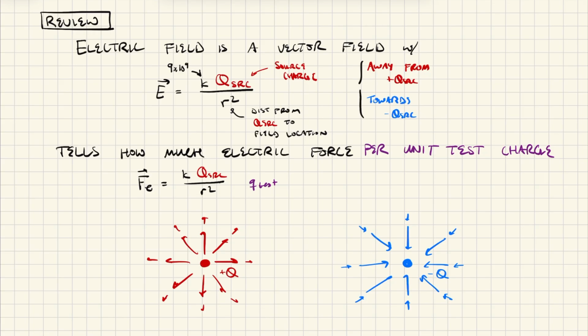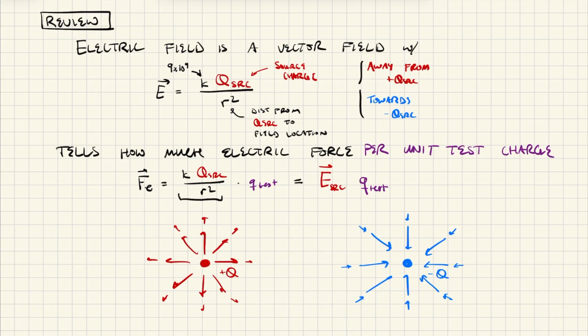As far as the physical meaning of the electric field goes, we can inspect the definition of Coulomb's law and figure out what the electric field actually means. Taking a look at Coulomb's law here, the electric force between 2 point charges is K Q1 Q2 over R squared, but we can factor out Q2 so that it's just multiplying this first term here. And we recognize that this left-hand side term is the electric field, right? So we can write a more compressed version of Coulomb's law by thinking about the electric field sourced by one of the charges multiplied by the test charge, which is the other charge in this interaction.